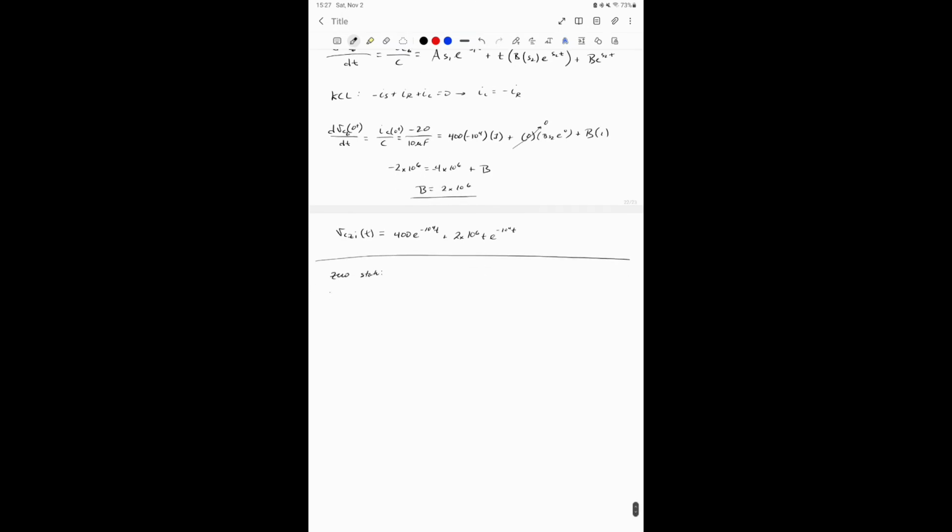And we're going to redraw this for time t is equal to 0 plus. So at the 0 state, remember, that means the state of the energy storing components is equal to 0.